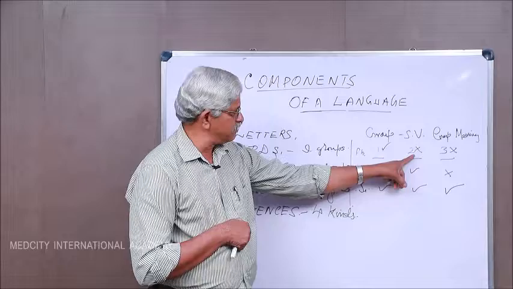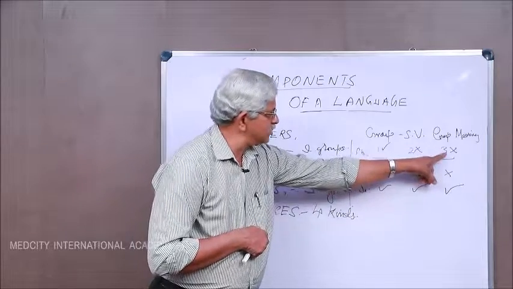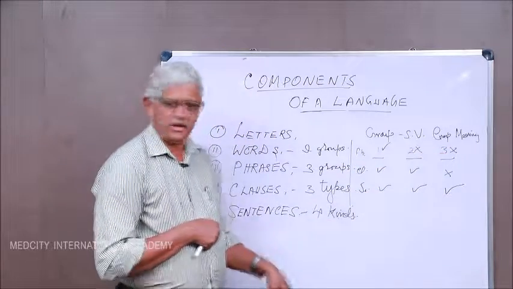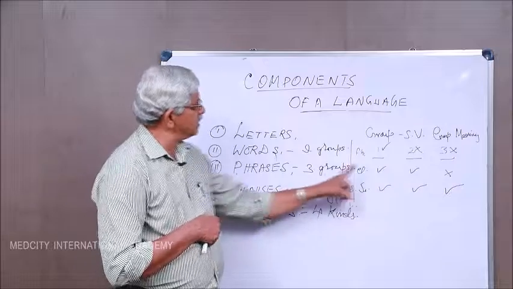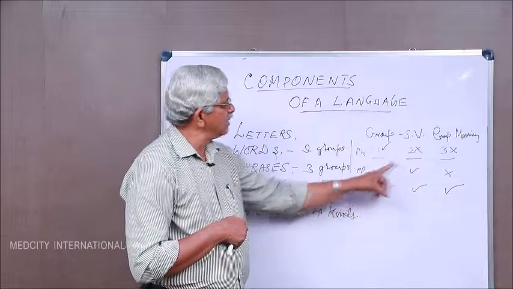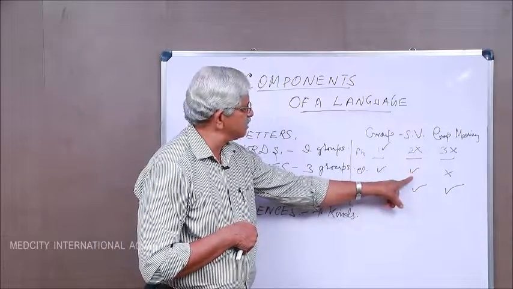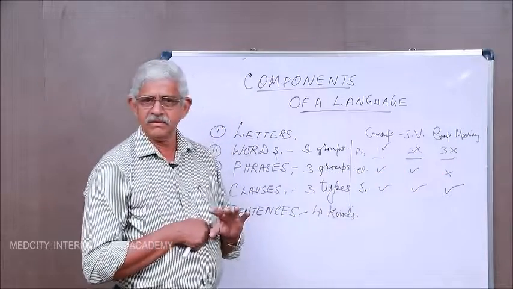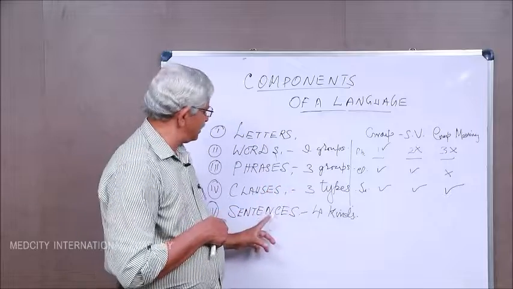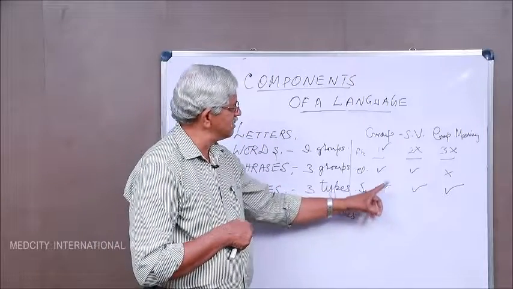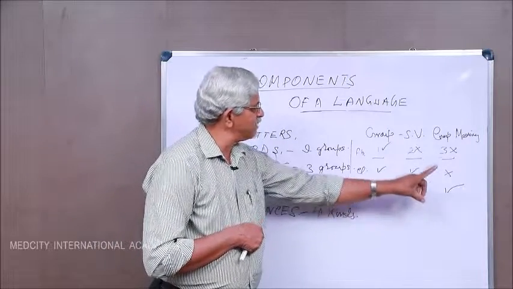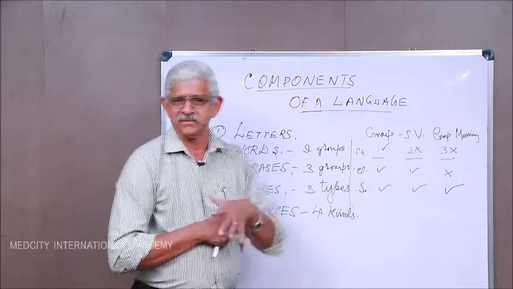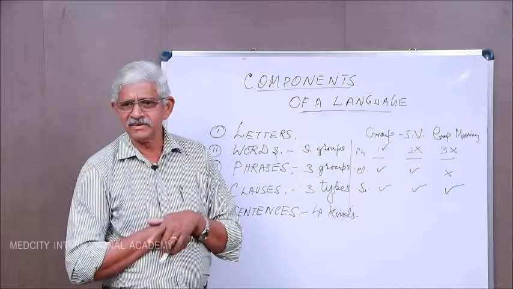It does not have a subject and verb and it does not give complete meaning. When it comes to a clause, it is a group of words, it has a subject and verb, but it does not give complete meaning. Finally, a sentence is a group of words, it has a subject and verb, and it gives complete meaning. Is that clear? Thank you.